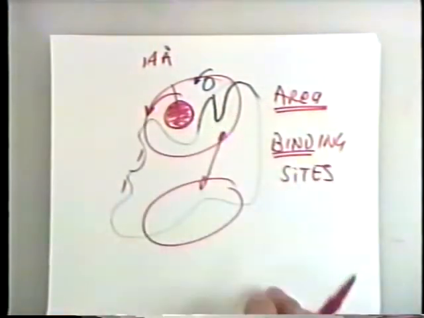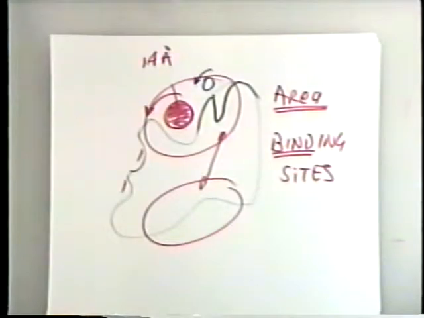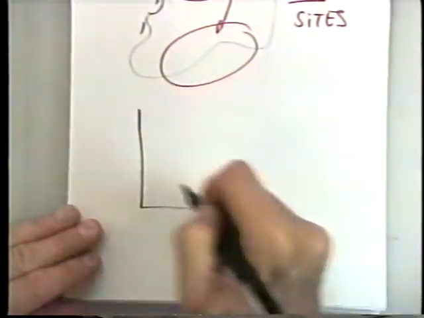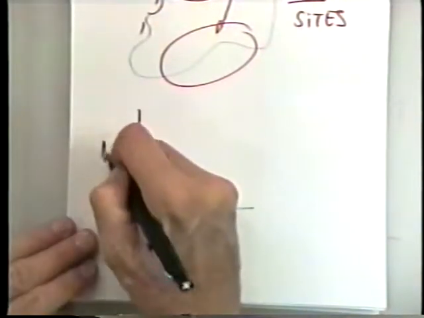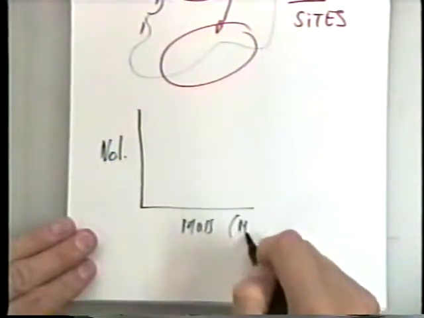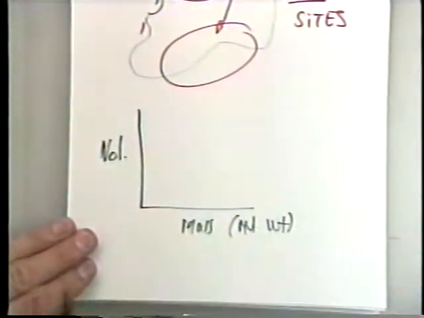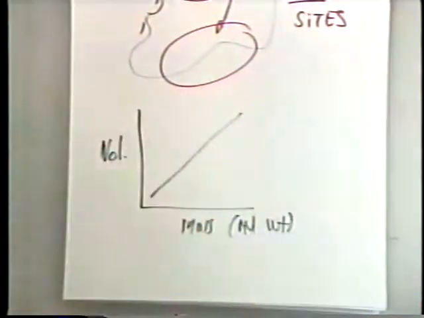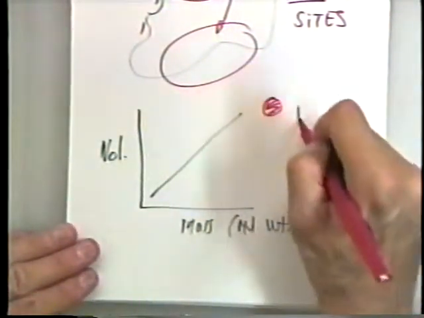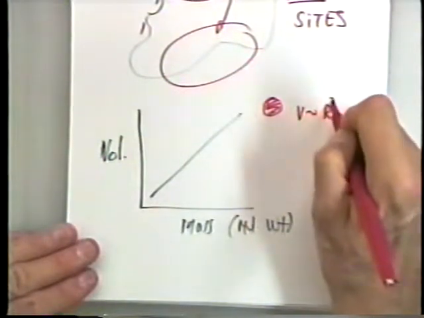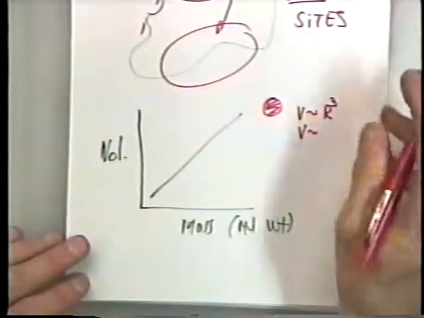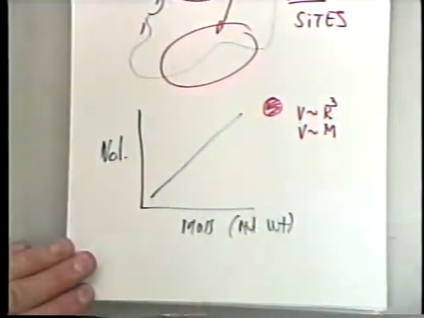There's also a scaling of the total size of the molecule. So for example, if you plot volume of molecules versus their mass, that is their molecular weight, you get a certain relationship. If these things were just filled-in spheres, volume would go like radius cubed, or volume would be proportional to the mass.